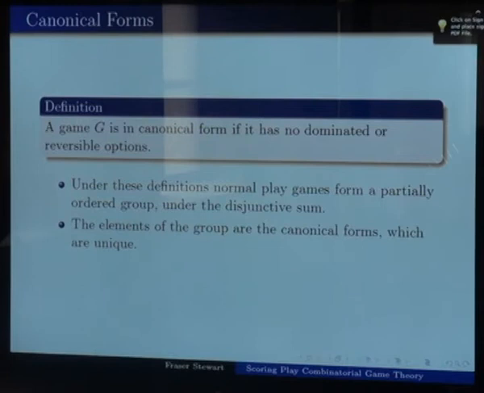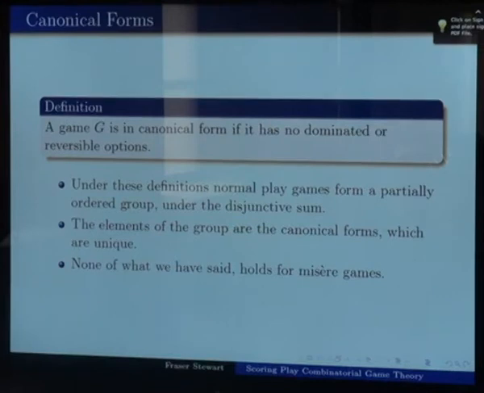The elements of the group are just the canonical forms, and each canonical form of a game is unique. Finally, none of this actually holds for Misere games. When I say none of it, what I mean is that Misere games are not a nice set of games. They do have canonical forms, but finding a canonical form for a Misere game is a lot harder than for a normal play game, basically, without going into all the details.